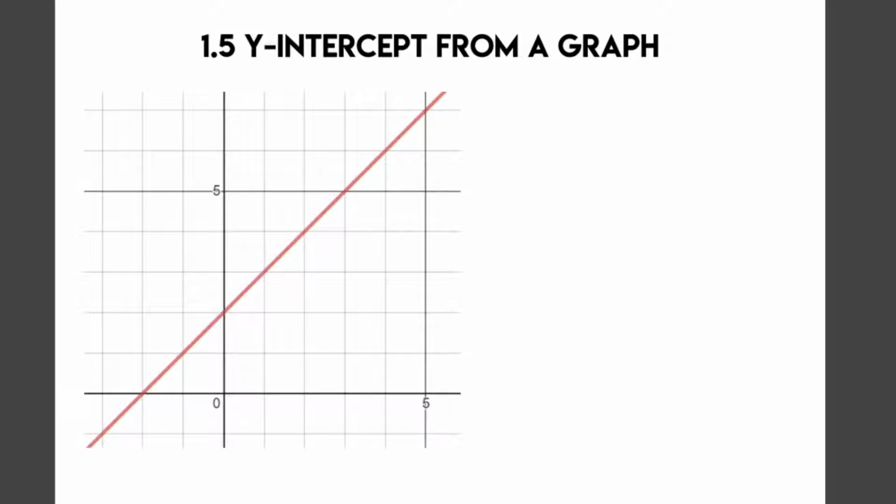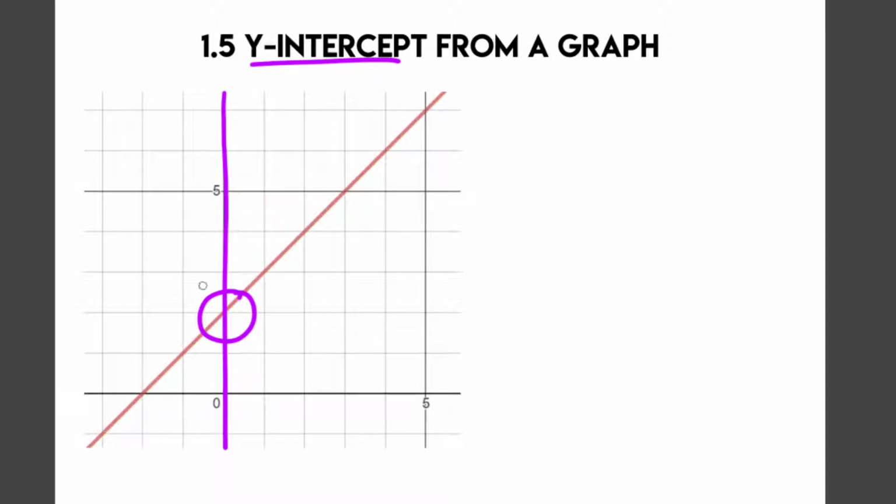So, looking at my line, I always want to know where my line starts. And because this is the y-intercept, we're going to be looking at the y-axis, which is right here. What we're basically looking for is we have our red line here and the purple line here, which is our y-axis, and where the two meet, the point where these two meet, is the y-intercept.